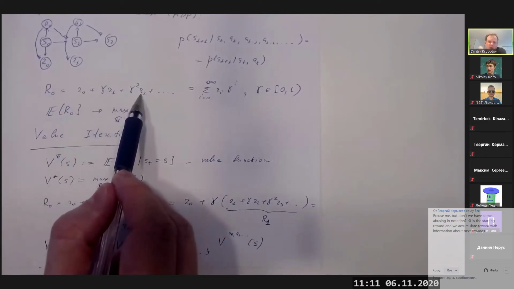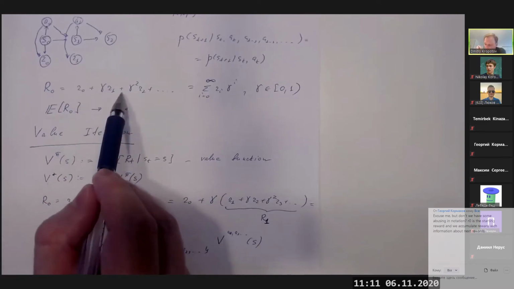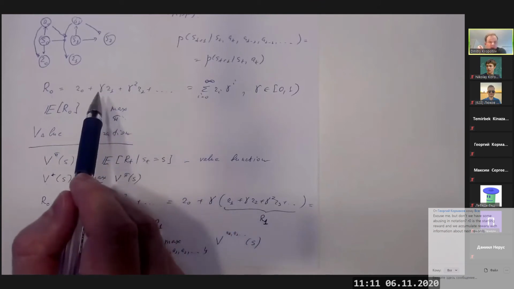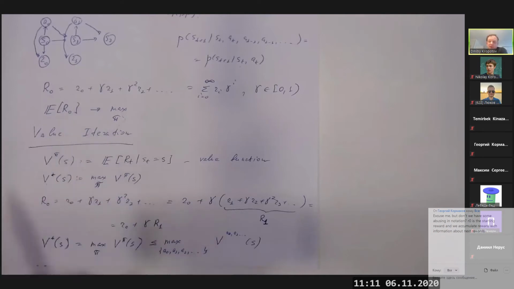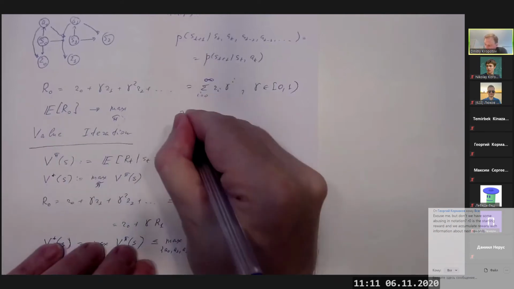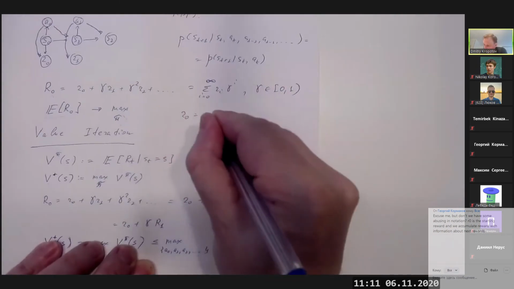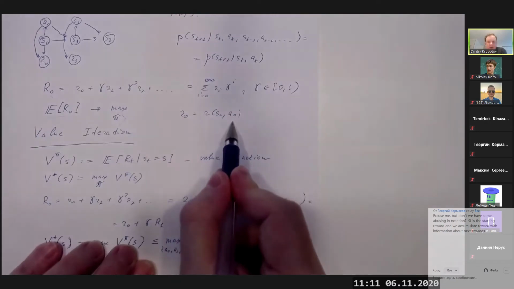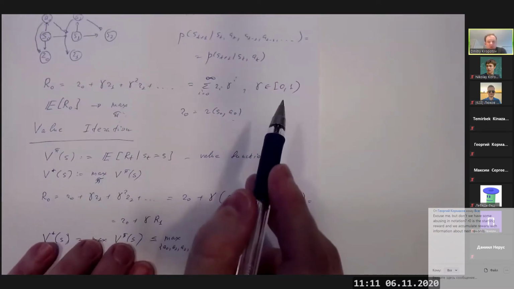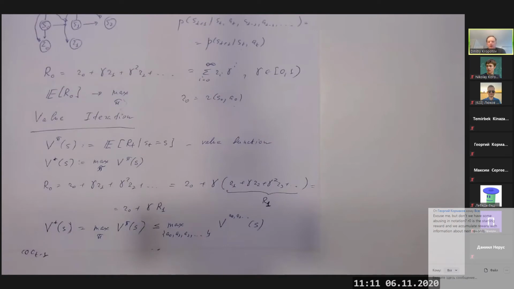Our small r are immediate rewards at each time moment, 0, 1, 2, etc. And this reward R0 depends only on state and action at this time moment. So R0 is actually a function that depends on state and action at the same time moment. And this is true for all the other rewards. Why do we have some abuse of notation here?